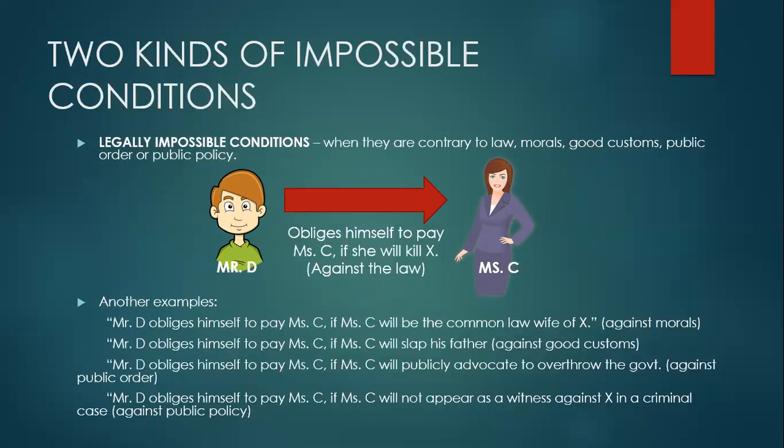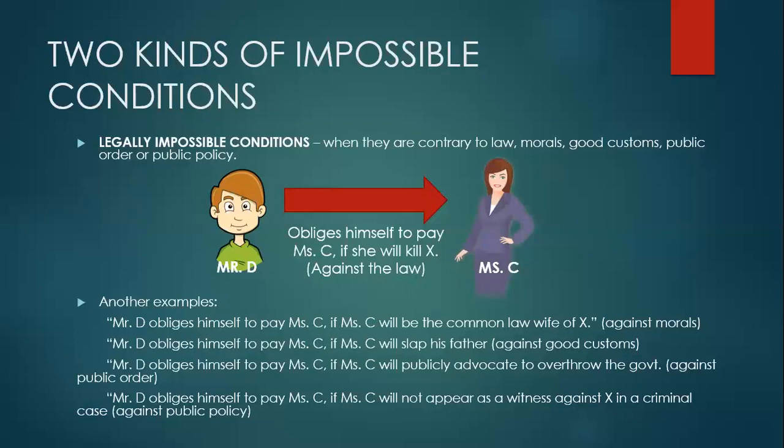Third example, Mr. D obliges himself to pay Miss C if Miss C will publicly advocate to overthrow the government, clearly against public order. Lastly, Mr. D obliges himself to pay Miss C if Miss C will not appear as a witness against X in a criminal case, clearly against public policy.